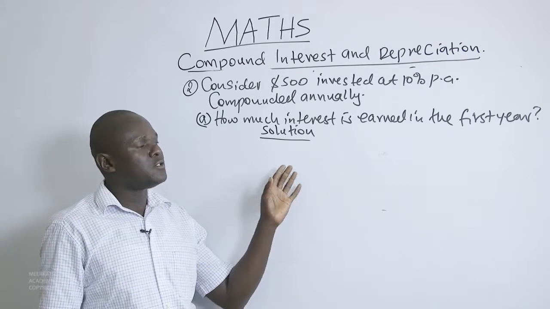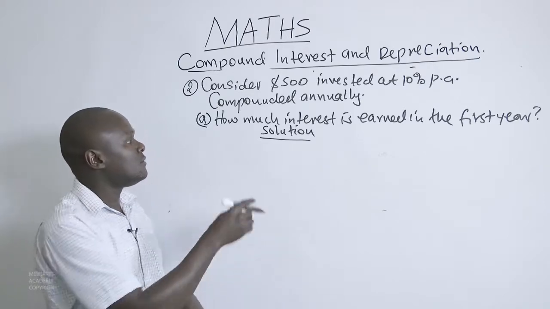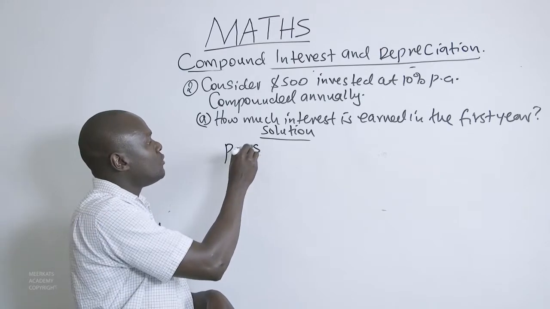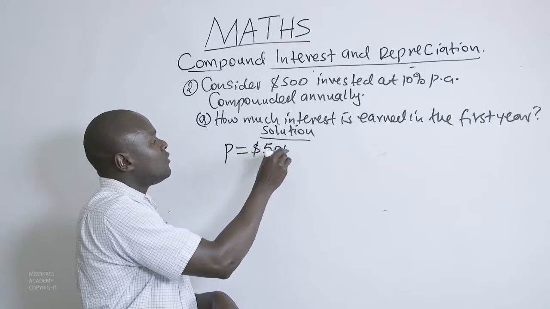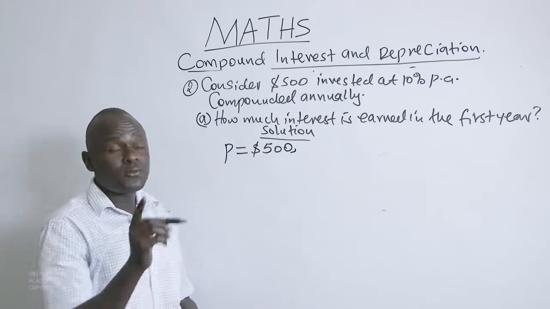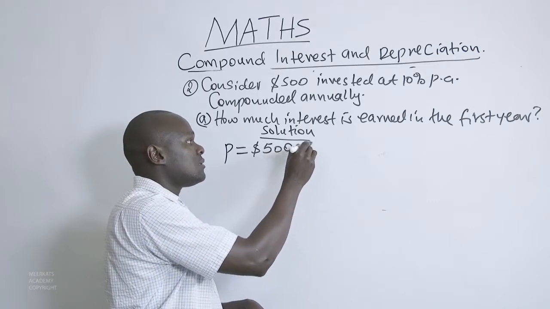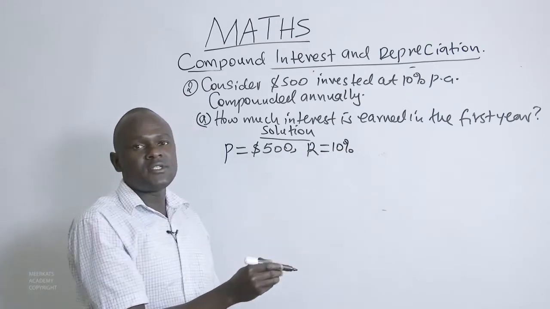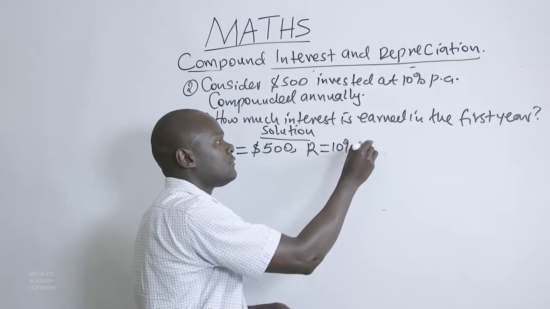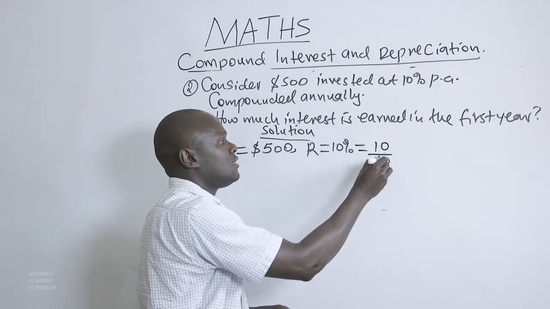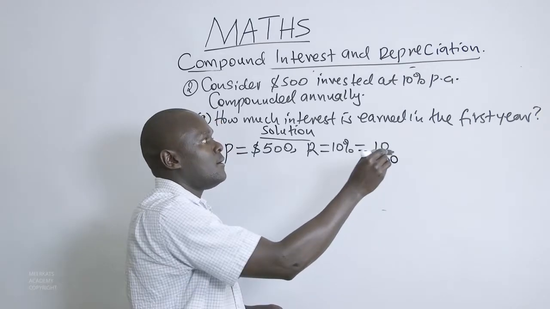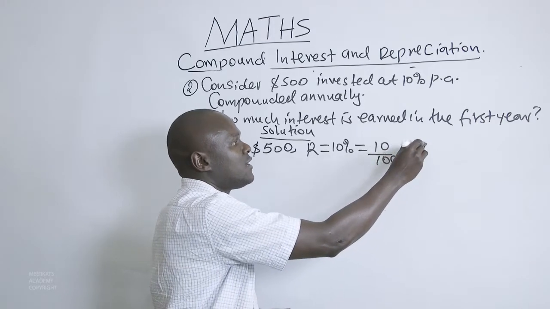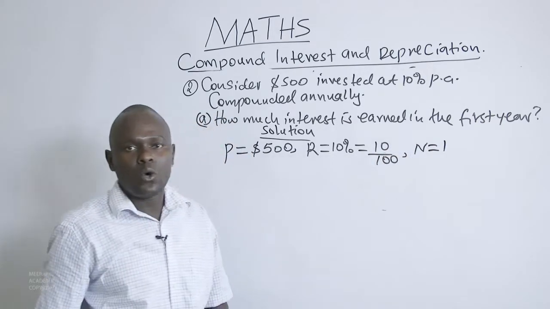We have been provided with the principal, which is $500. We are also provided with a rate that is 10%. We can write this as a fraction or a decimal, that is 10 out of 100. And we are told in the first year, that means our period will be 1.